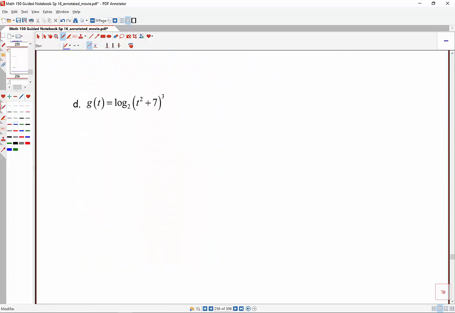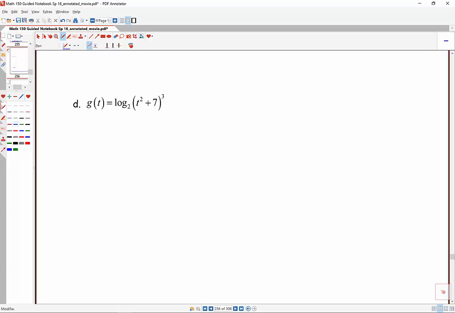All right, so what do you think we might want to do for part D? Well, we've got a logarithm with a different base than e, so we're going to have to deal with that. But we have a property of logs we can use, right? Because we have a quantity inside the log that's raised to that third power.